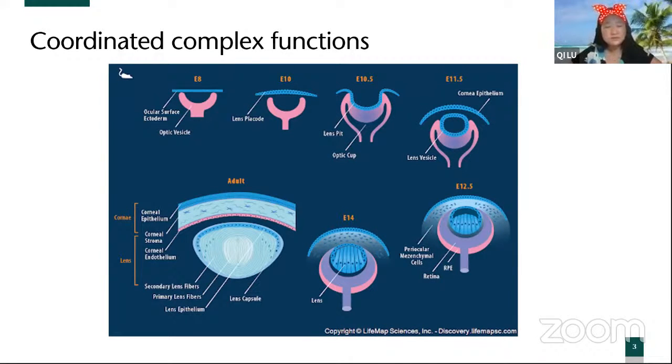Just to raise an example, like how the eye develops.